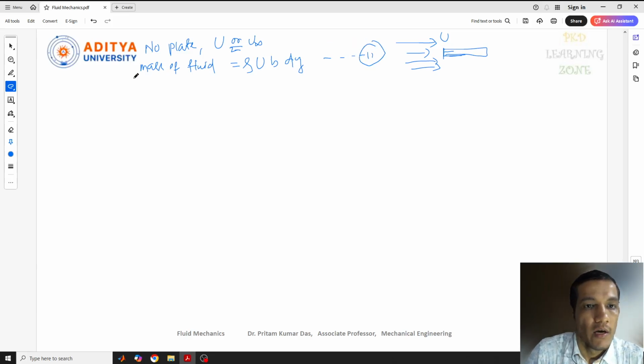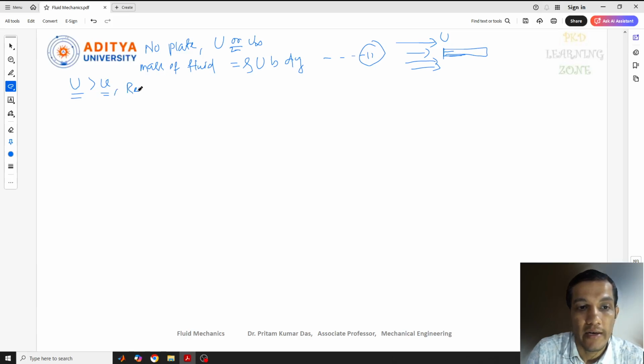Now here we can see that the velocity capital U is obviously more than the small u, because this is the free stream velocity and this is the local velocity, correct? Due to the presence of the plate, a boundary layer forms. So what is the reduction in mass flow rate?